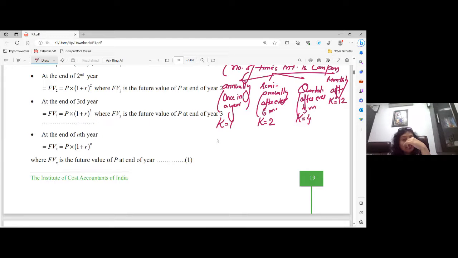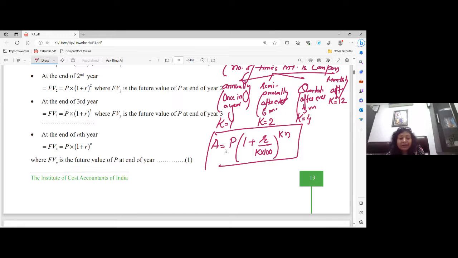Now the formula is amount is equal to P(1 + R/(K×100))^(Kn). This is the formula for amount, because the interest rate is generally for the whole year. If our compounding is different, let's say semi-annually or quarterly, then we have to take interest for that time period only.